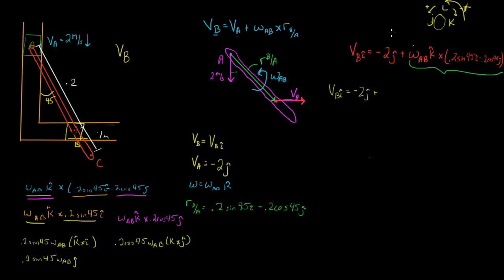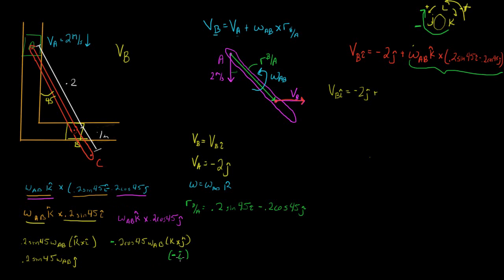Now a k cross a j, if we look at our circle, k cross j is going this way. So to get from k to j, we have to go clockwise, and this is going to mean it's a negative. So it's going to be a negative I right here. And we're going to have a negative I times this minus 0.2, this minus sign right here.